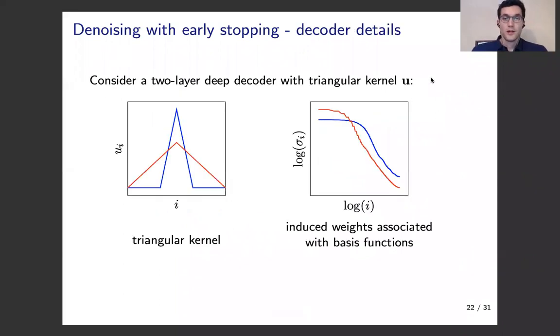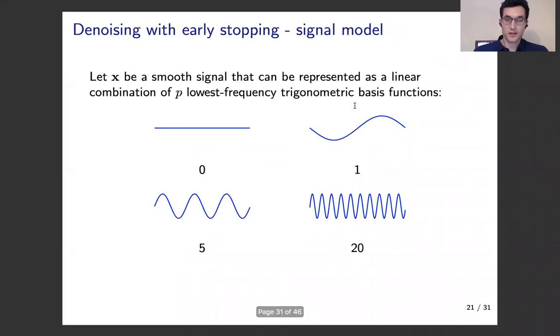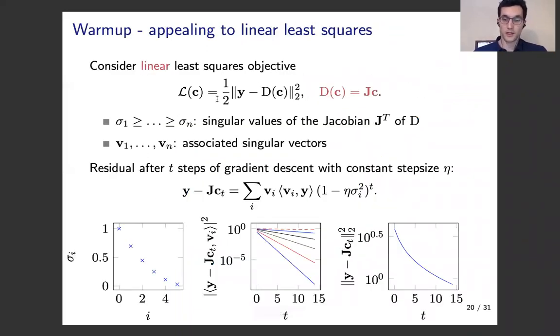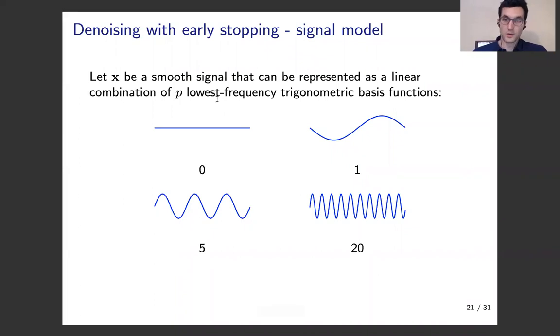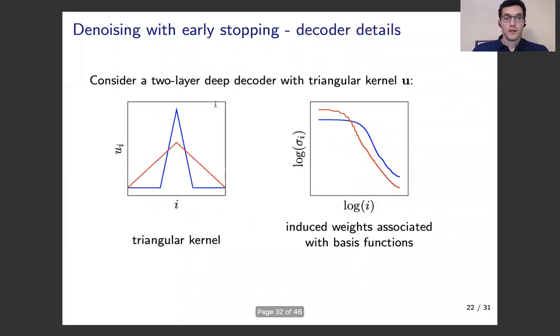All right, so I think we understand the warmup, the linear least squares case. Something very similar happens in the nonlinear case. We have these kernels, and the kernels induce weights. If we have a different kernel, it changes our network, and that induces weights that are associated with these basis functions.